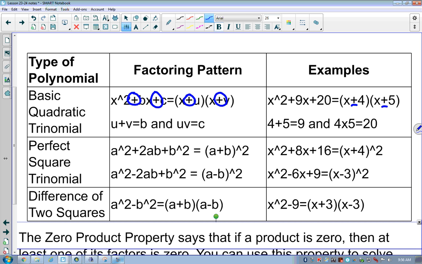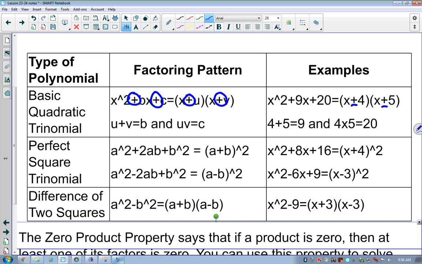And then we see that with the subtraction as well. So a squared minus 2ab plus b squared. So if I get x squared minus 6x plus 9, so we see where we've got 6 and 9. So I'm going to take 6 divided by 2 and get 3.